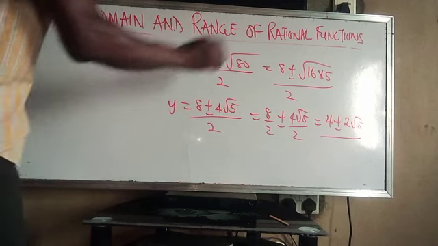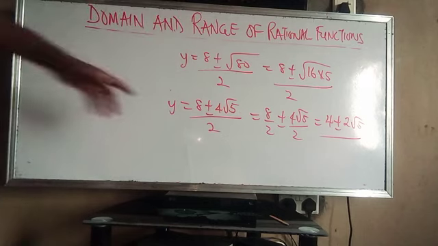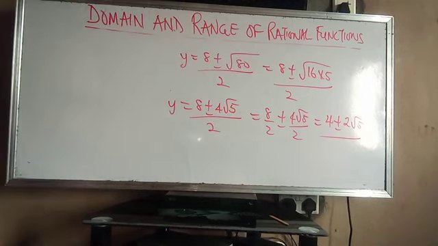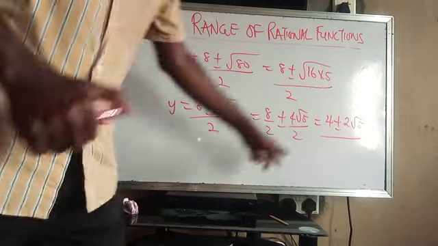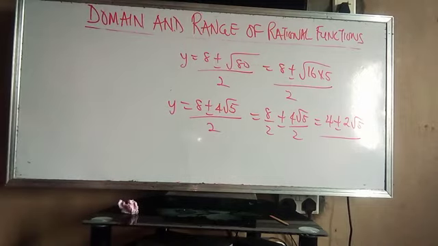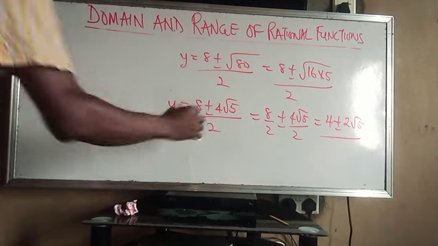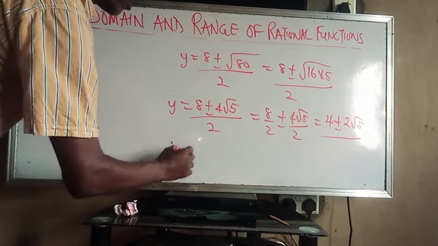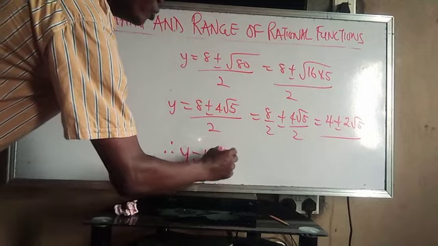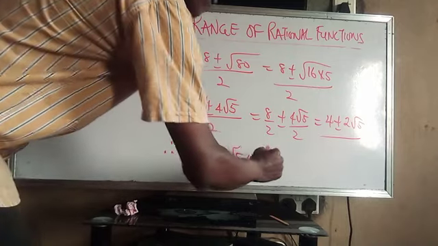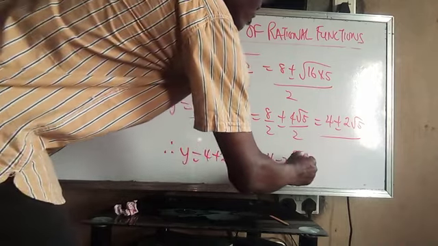If it had been obtained from limit theory, this value would be excluded, but this y is not from limit theory. So for that reason, we will not exclude it. I hope you are getting it now. We didn't obtain this y through the limit method. So we have two y's: y equals 4 plus 2 root 5 or 4 minus 2 root 5.